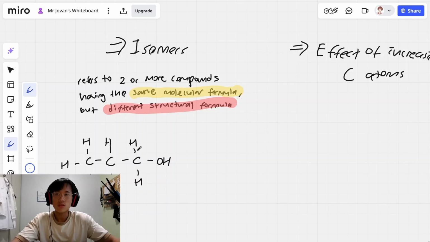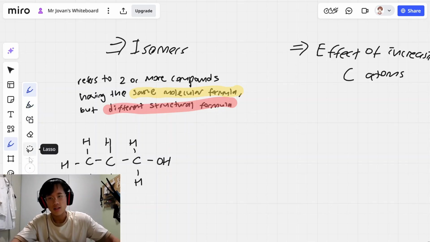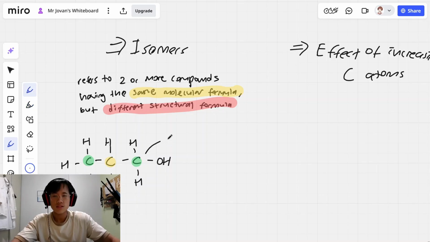So this is what propanol looks like. Up, down, on the side is one hydrogen, and the side is the OH. When you do isomerism, I want you to take note that there are different carbon atoms. There is the center one, and there are the side ones. I'm going to call this side. This is center.